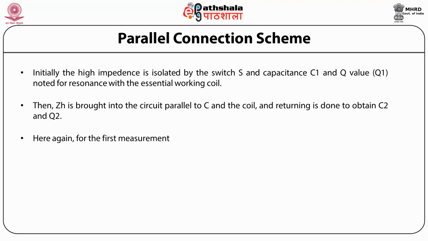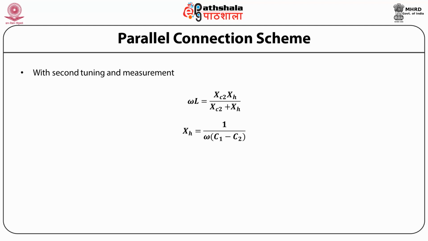Here again, for the first measurement, 1 by omega C1 is equal to omega L, and Q1 is equal to omega L by R. Thus, the value of Q1 is given by 1 by omega R C1. With second tuning and measurement, omega L can be written as XC2 multiplied by XH whole divided by XC2 plus XH.